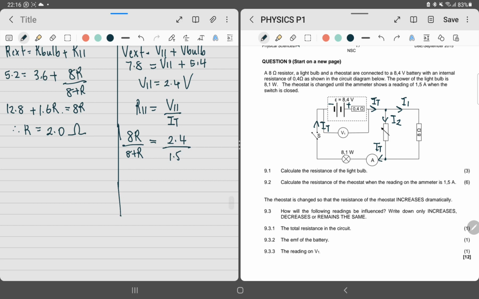So this is 8 times 1.5, which is 12R, and then 2.4 times 8, that's 19.2, and then plus 2.4R. So this is 9.6R, which is equal to 19.2. Therefore, R is equal to 2 ohms.